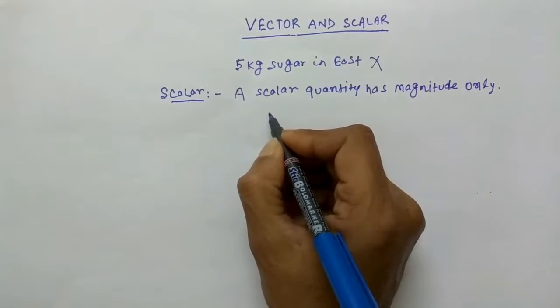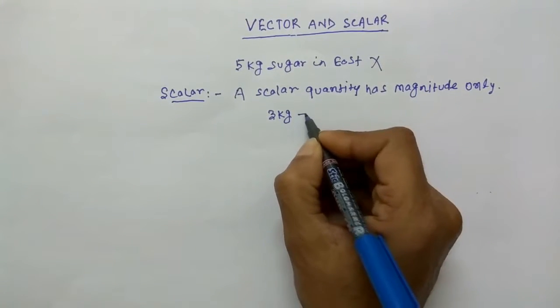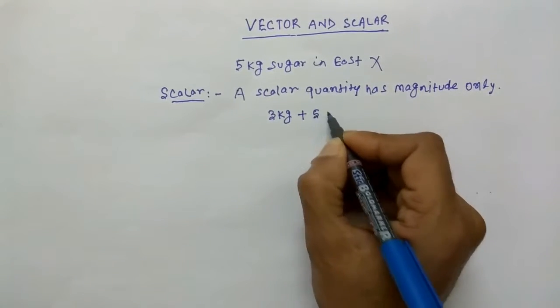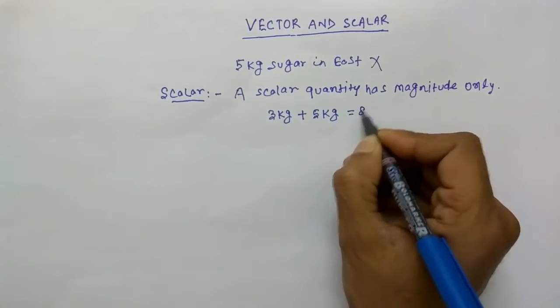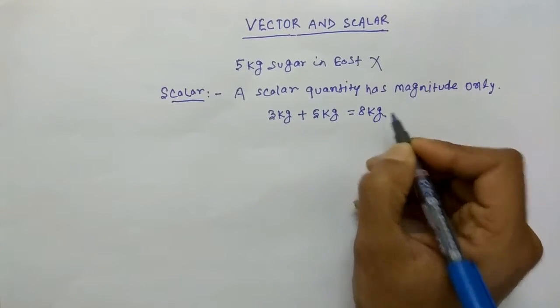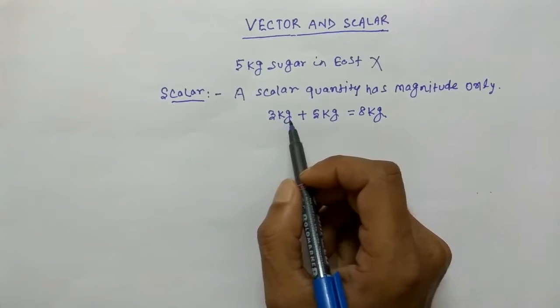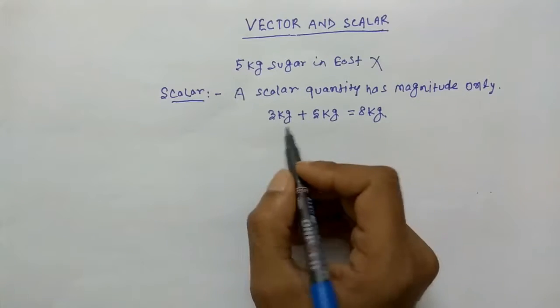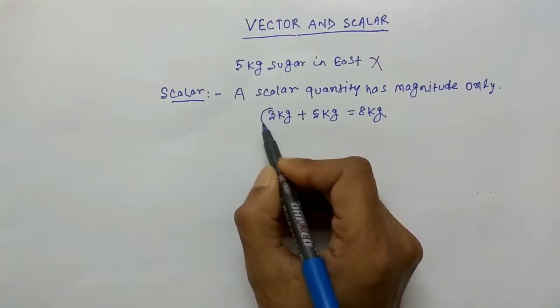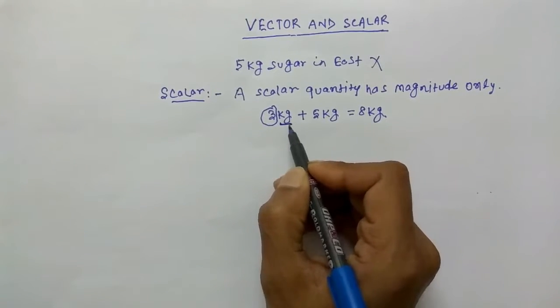Consider you have to add 3 kg and 5 kg. That gives 8 kg. So a scalar quantity can be added by simple algebra. This is the magnitude and this is the unit.